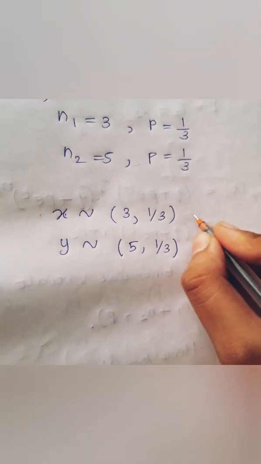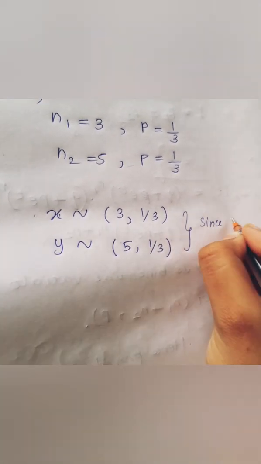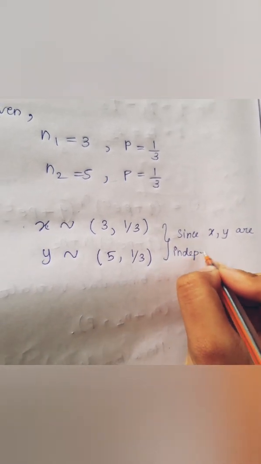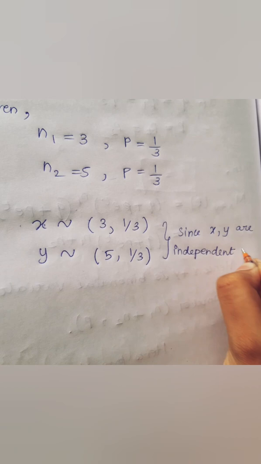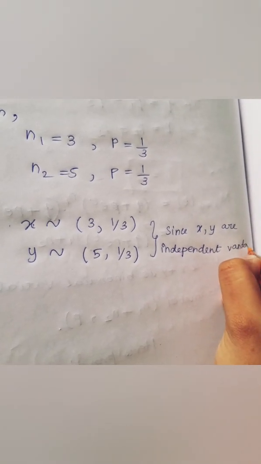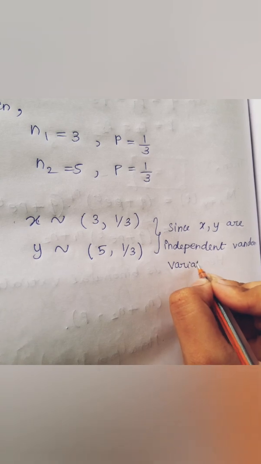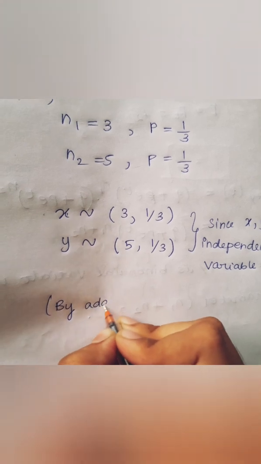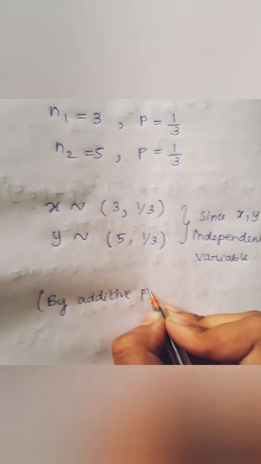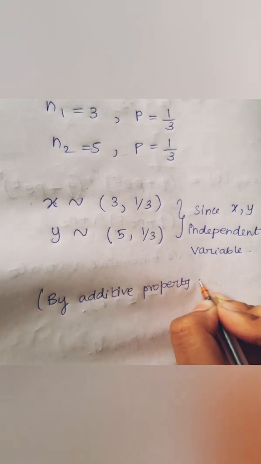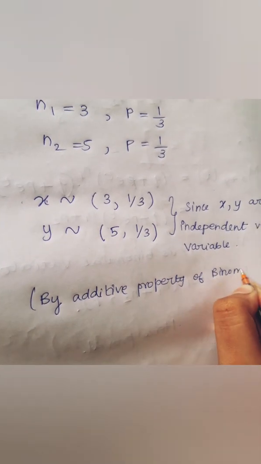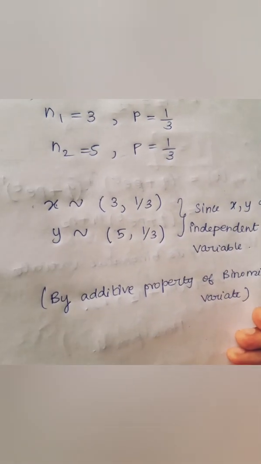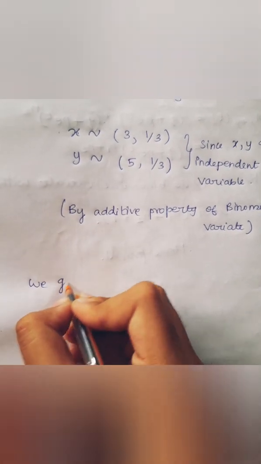Since X and Y are independent random variables, we have to apply here the additive property of binomial variate formula. We are applying the previous theorem here. So we will get X plus Y.